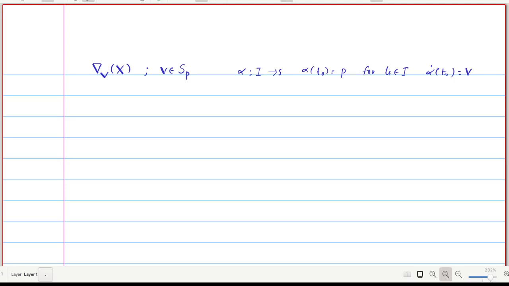Later we could show that this del v x is independent of these choices. We can choose any arbitrary alpha with these properties, and that will give the derivative of x with respect to v. In general this is not a tangent vector to S. Since x is a tangential vector field, del v x need not be tangential on S.